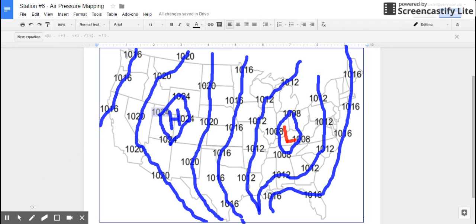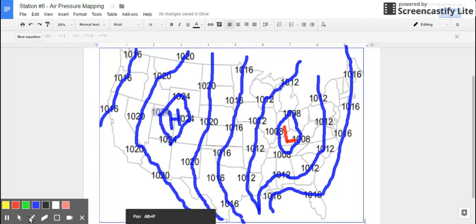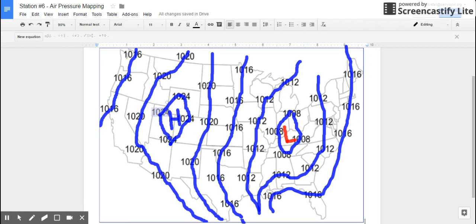Now, it's kind of an oversimplification, but since our wind always travels from high to low pressure, we now can start to understand the wind direction. So I'm going to use a green arrow to represent wind, but I know that my wind is going to come off of these high areas, and it's going to generally go this direction to my low areas.